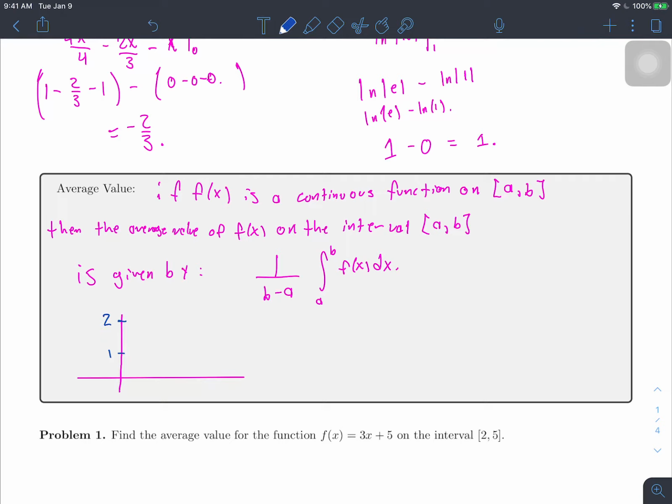So if we have some function which is, for the first unit, the value of the function is 1, and then for the second unit, the value of the function is 2.